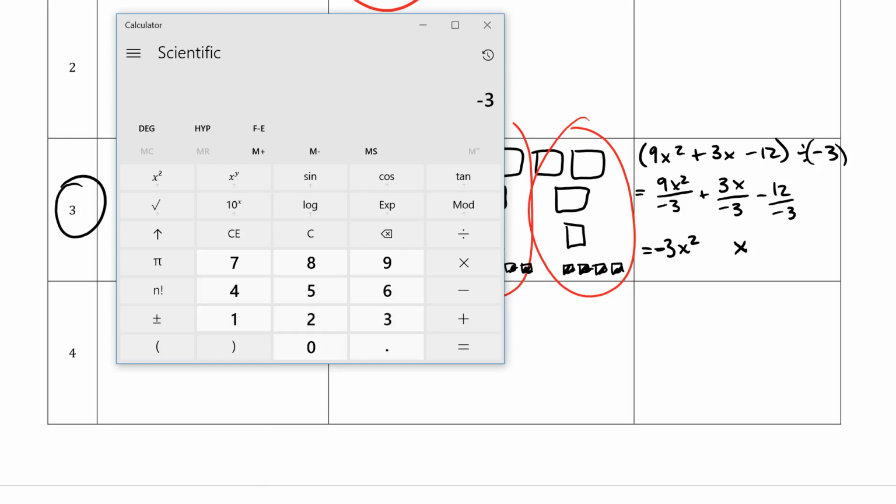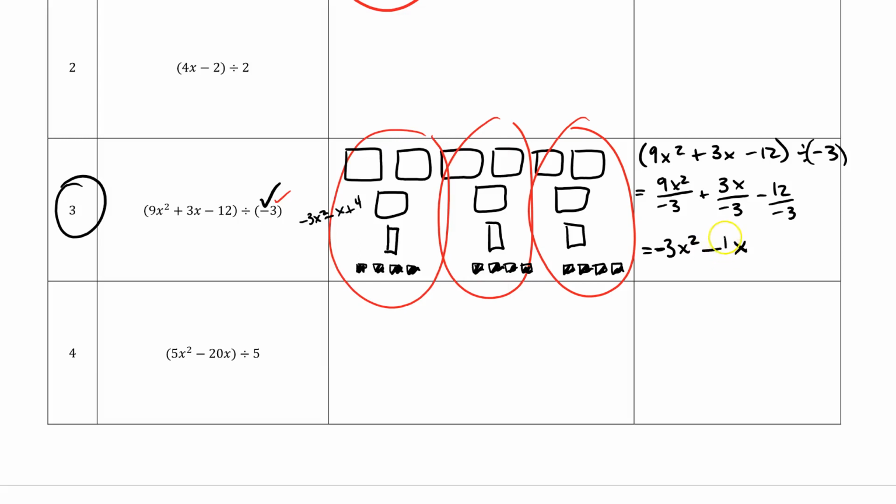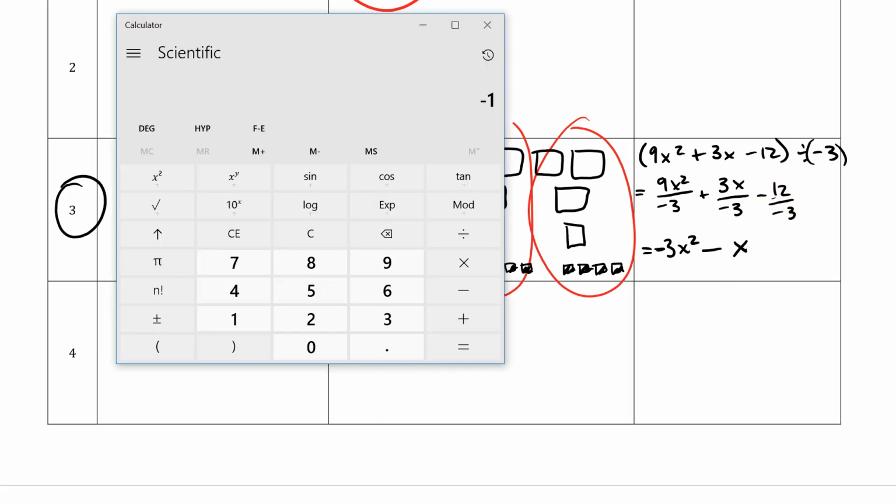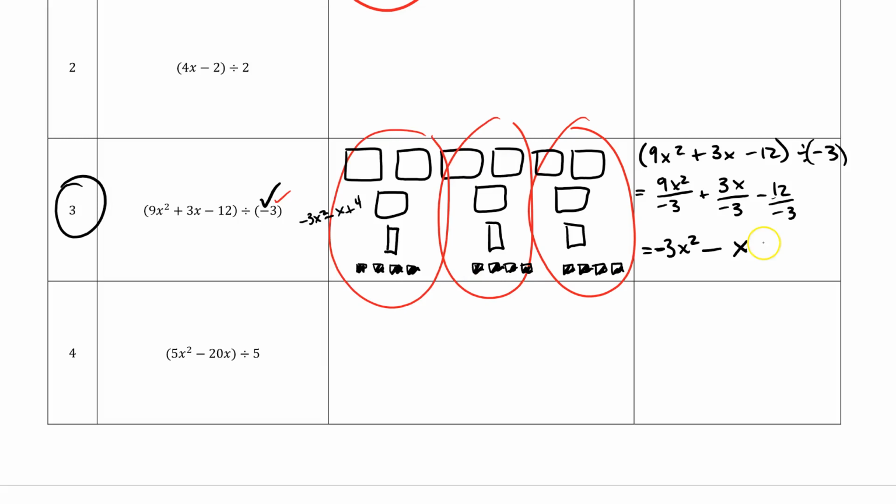So 3 divided by negative 3 is going to be negative 1. So we're saying negative 1x, or I can just simply say negative x. Negative 12 divided by negative 3 is going to be positive 4. So I say plus 4.